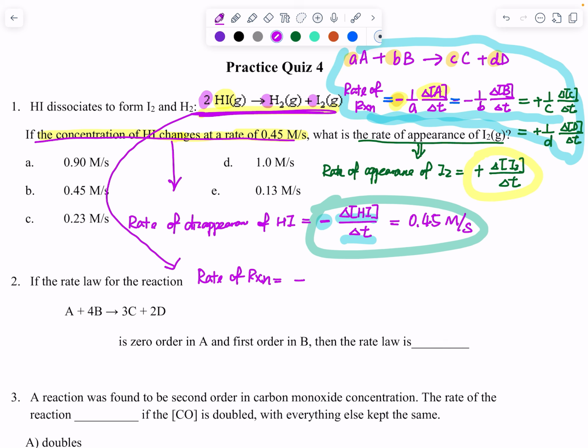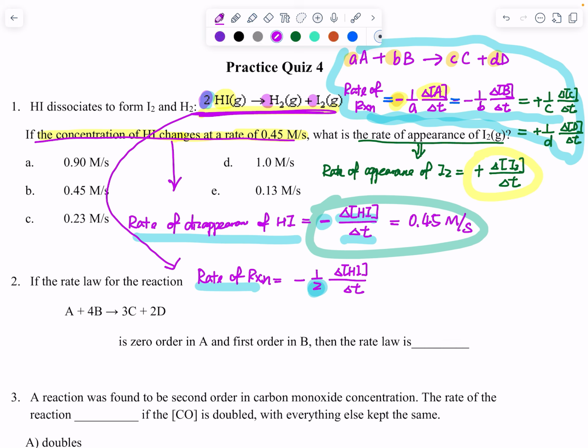Then that will be negative 1/2 delta HI over delta T. Now we need to incorporate this half, because we're not expressing just the rate of disappearance of my reactant, I want to express the rate of reaction. The relationship is reflected by incorporating this coefficient.